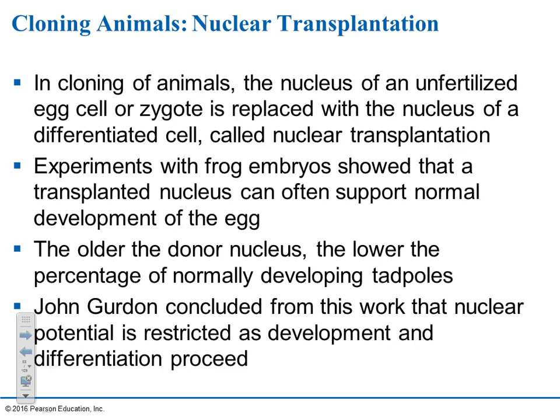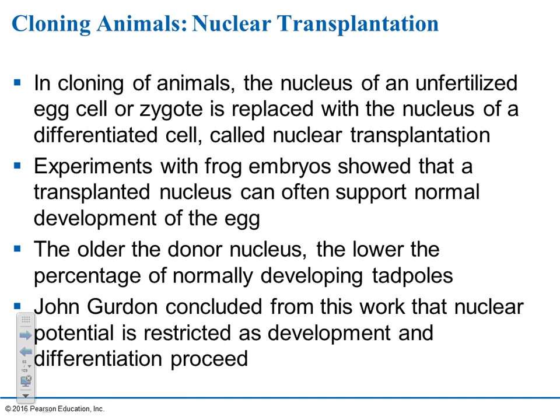Animals are harder than plants, or were harder, still are harder than plants to clone. So how exactly is it done? Well, you take an egg and you knock out the nucleus. You take a nucleus from another cell and you stick it in there.